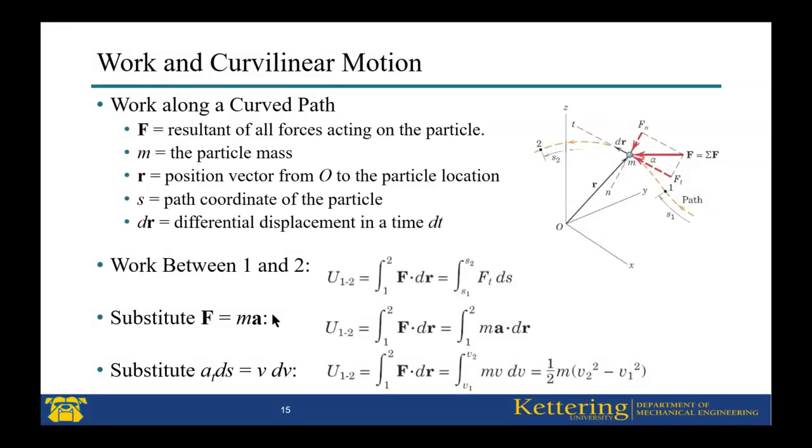And also, for ma, if you remember, a_t ds is equal to v dv. Instead of a dr, I can write this one as m v dv. Doing this calculation, this is the final proof. What does it mean? The amount of work done by a force F on a particle with curvilinear motion depends on the velocity at state 1 and state 2.